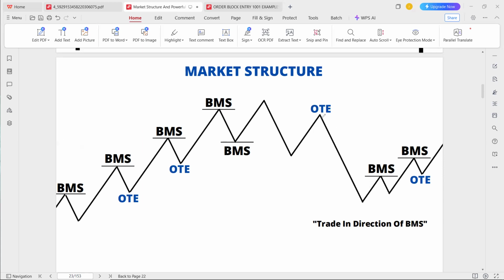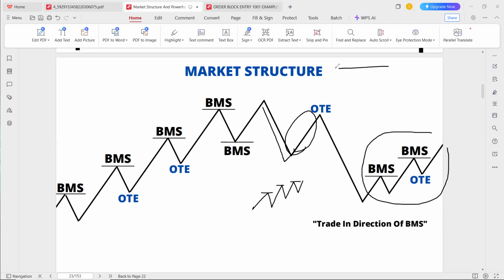Let's say your price has pushed down, and this is the retracement. Within this retracement, you can get smaller higher highs, higher lows, or a smaller trend, a smaller BMS happening within that area, which means you can still take your buys as long as you understand what your market structure is doing.